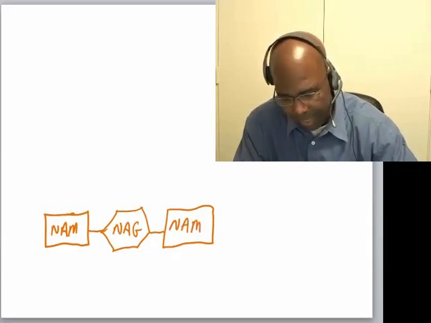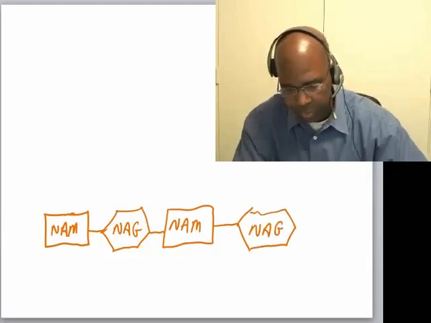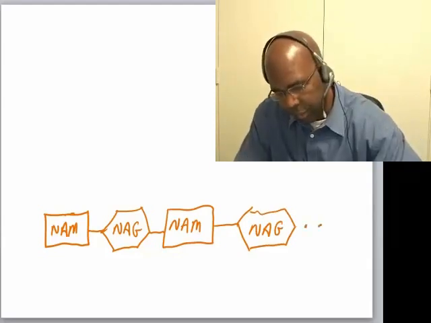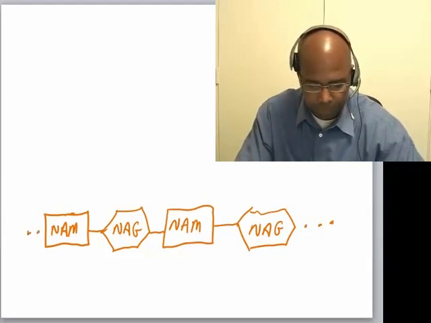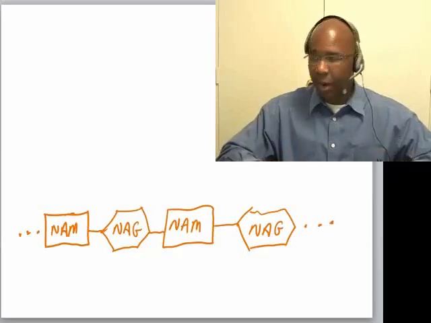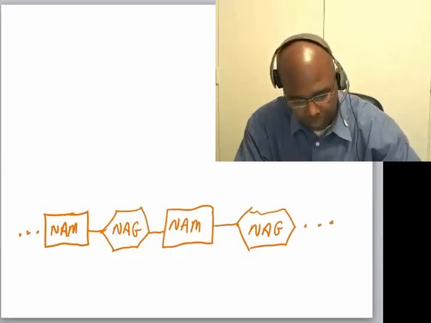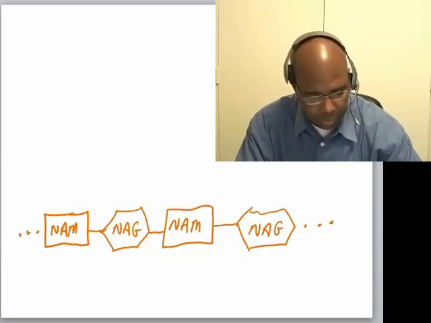N-acetyl muramic acid and N-acetyl glucosamine, and that's just going to continue this way. That's just one line of our sheet, so we're making the flat sheet right now. Then we'll have another one of these.